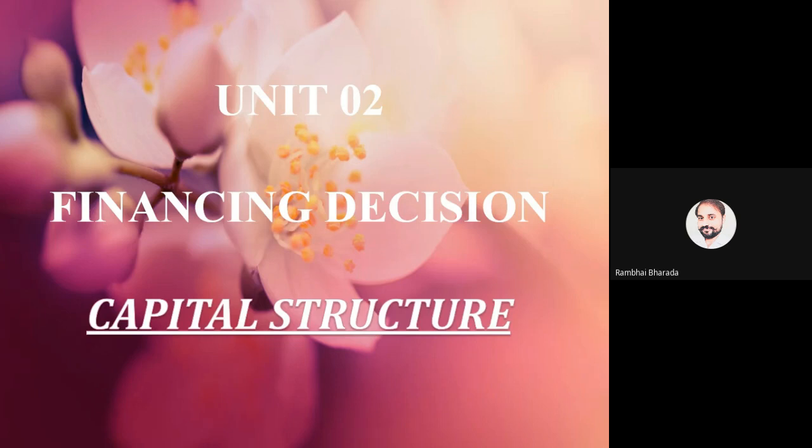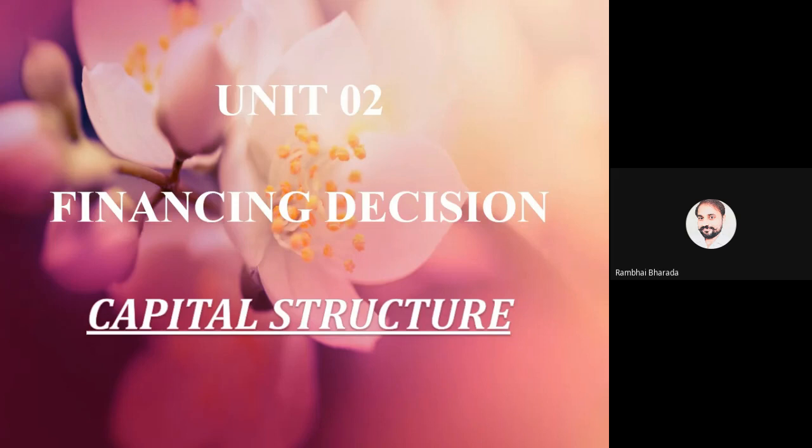In some you find equity and debt. In some only equity. In some preference and debt. In some only debt. In some only internal source, no equity, no preference, no debt. Are we clear? As per the various requirements of the company, the capital structure will differ from company to company.